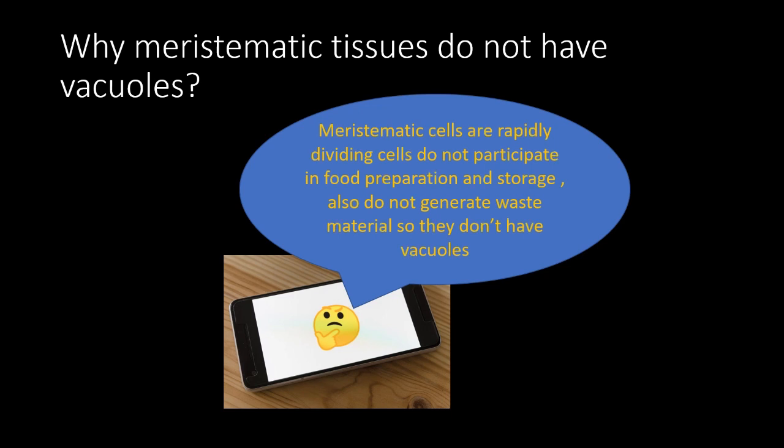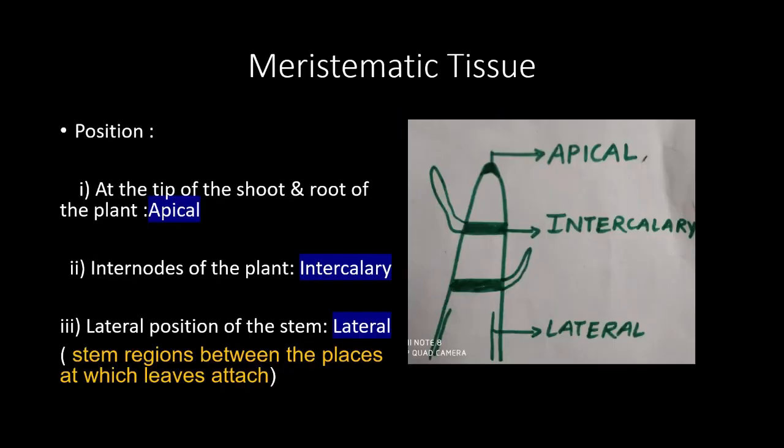They do not participate in food preparation and storage. They are ever dividing cells. They are very busy generating new organs of the plant. So, they do not generate waste material also, as they do not store food material. So, they don't have vacuoles. So, this is the structure of meristematic tissue.